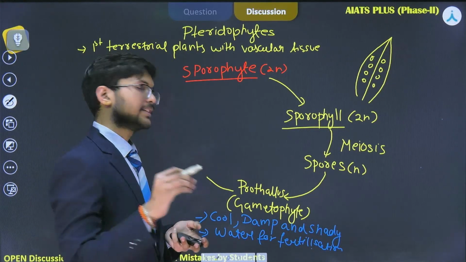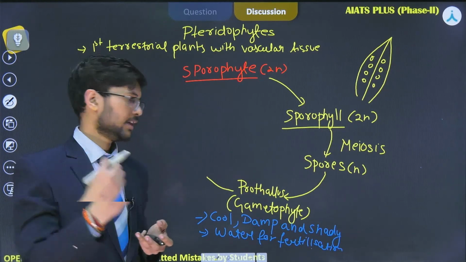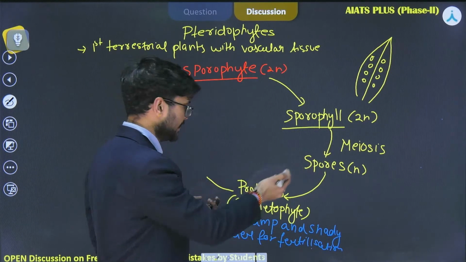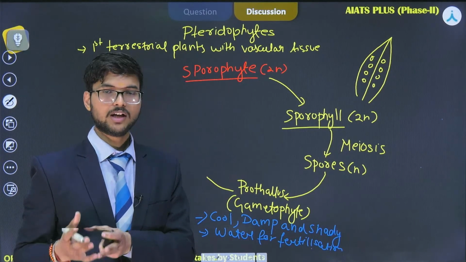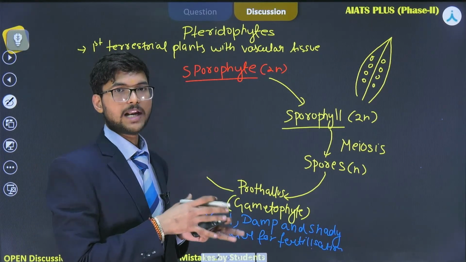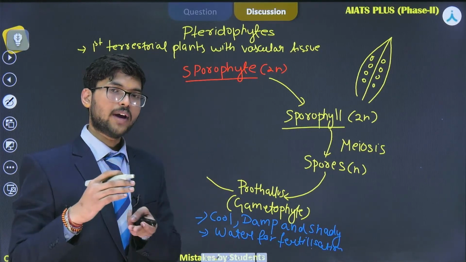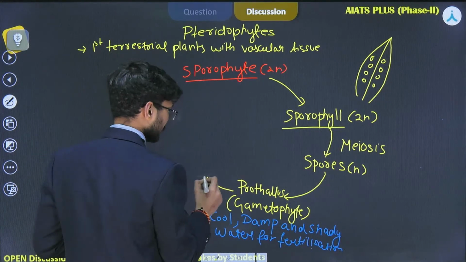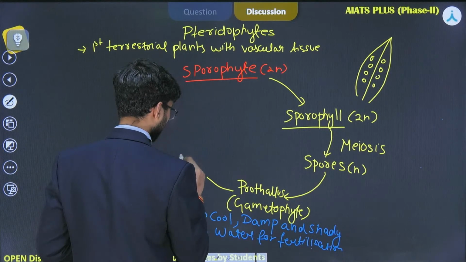While if we talk about heterosporous species, one gametophyte contains the male gametophyte and the other contains the female gametophyte. So here you will find a dioecious condition. Here it can consist of antheridia and archegonia, the male and female sex organs.